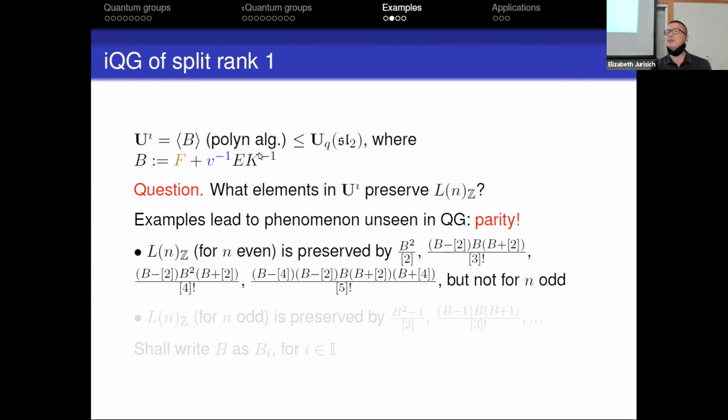And then the claim is these elements do not preserve the integral form Ln if n is odd. For n odd, you need another sequence. The second divided power, for example, B squared over quantum 2, will not preserve Ln if n is odd. You need to shift by 1, for example. It will work.